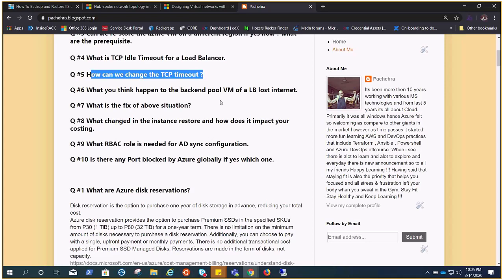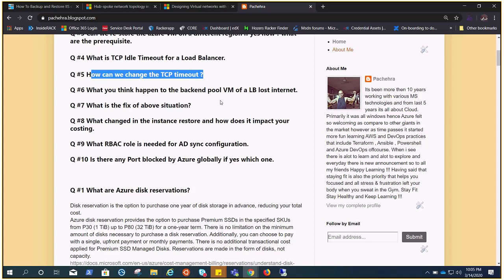You need to reply, okay, you mean to say the backend pool VM behind the standard internal load balancer lost the internet. Once you say this, your interviewer would know that you know what you're talking about.